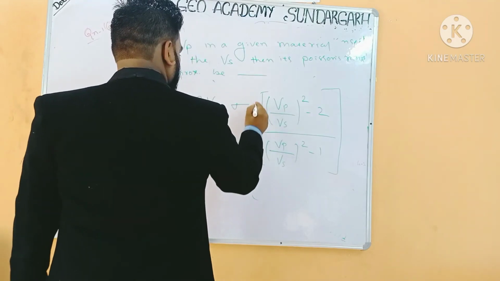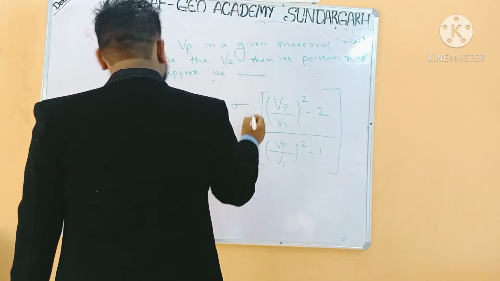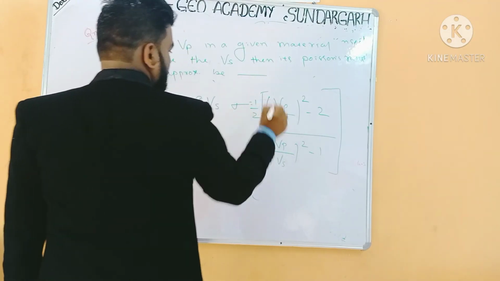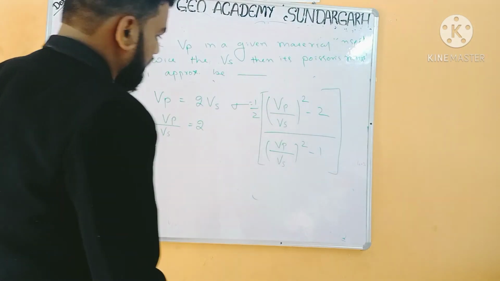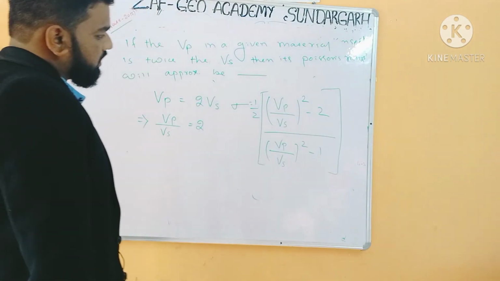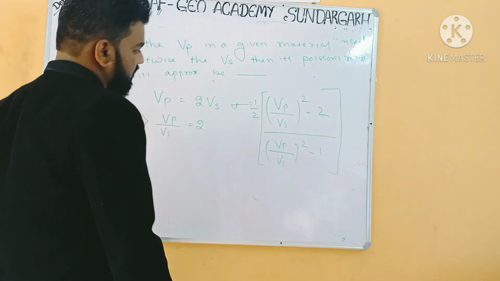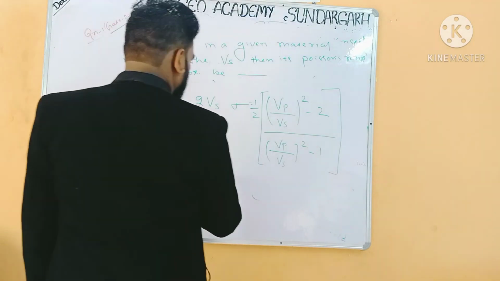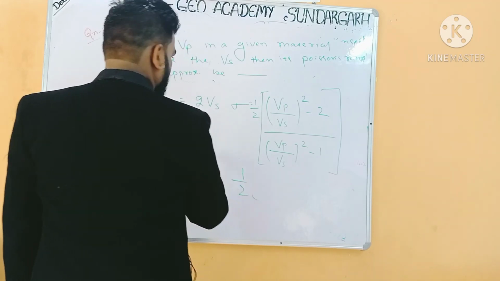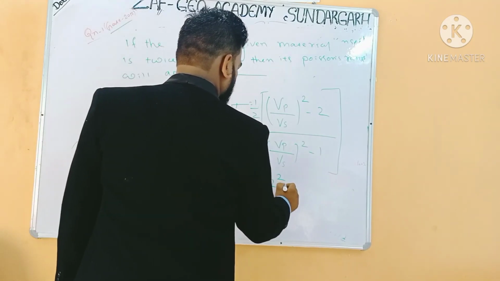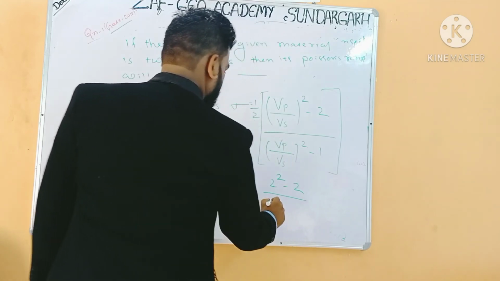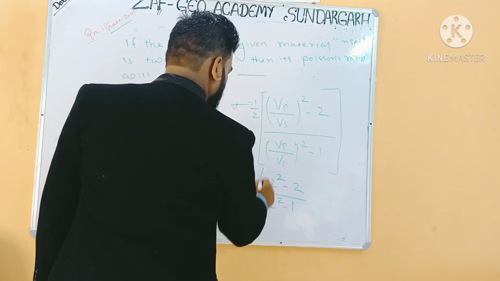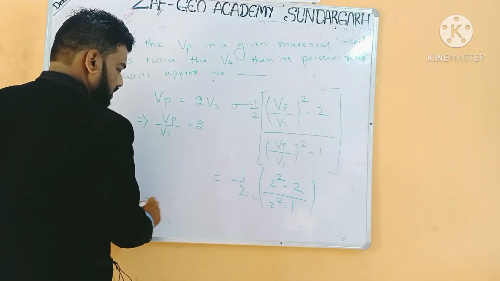So sigma will be equal to half of (Vp by Vs whole square minus 2) divided by (Vp by Vs whole square minus 1). Put the value: half of (2 square minus 2) divided by (2 square minus 1).